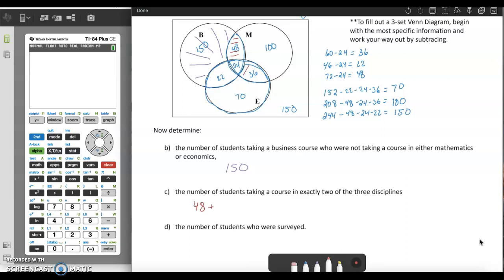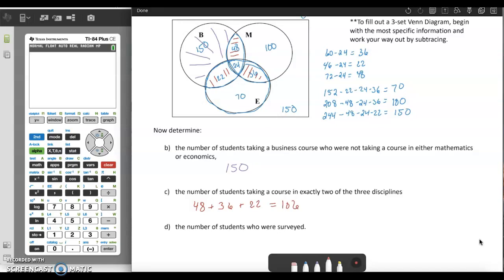And then we can see that it's all those kind of like secondary crescents. There are 36 students who are taking math and economics, but not business. And there are 22 students taking business and economics, but not taking math. So if we add all those up, that's 106 students.